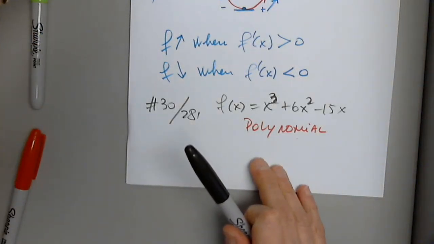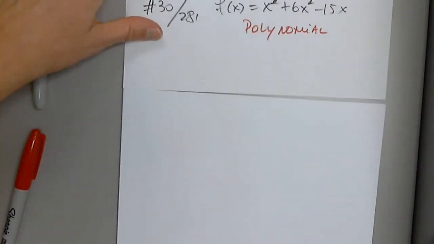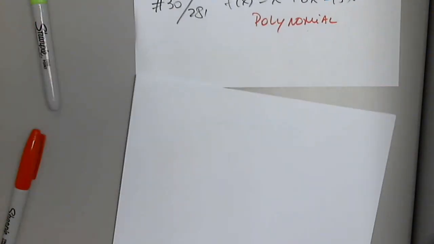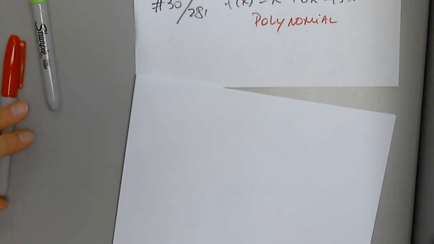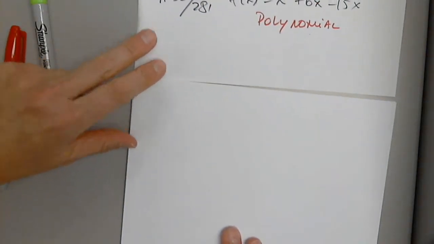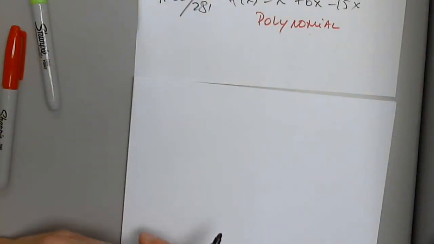A function that has a max or a min must have something called a critical number. If a function does not have a critical number, it cannot have a max or a min.